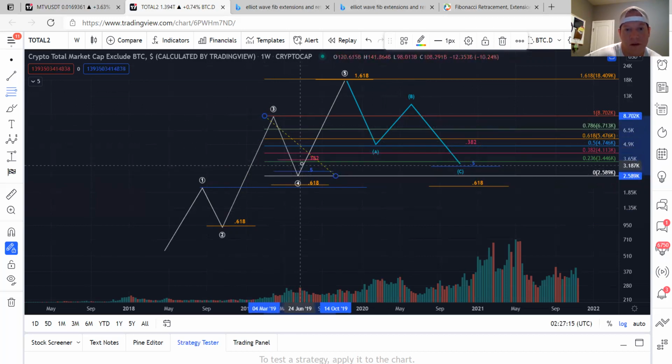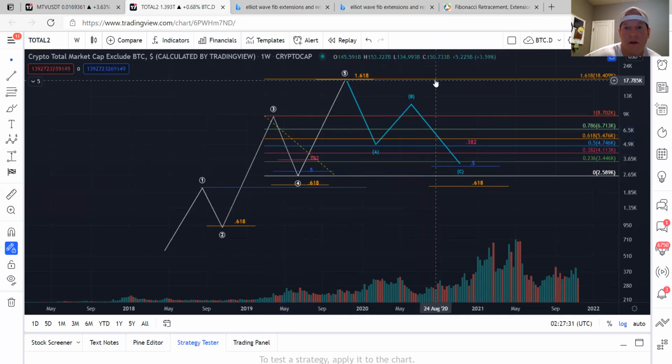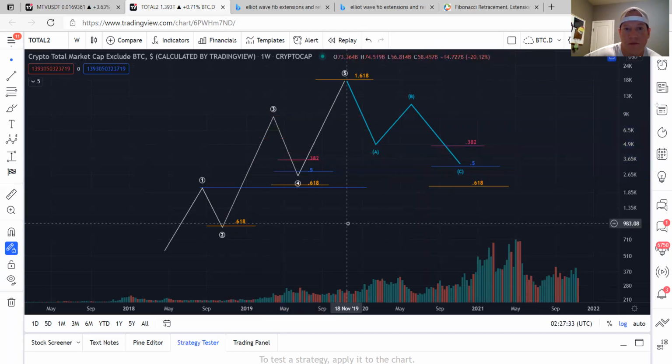You see that it's starting to reverse here, and it's starting to impulse up again. 618 is what I would say would be, in crypto, a fairly conservative target for a 5th wave. So there you go. Those are your targets for your wave 3, for your wave 5, and your targets to get into a position on your corrections.